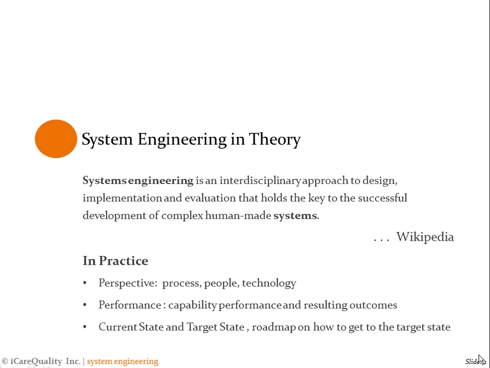System engineering looks at the current state and defines what the target state would be for the capability performance to achieve the required outcomes, and then defines a very pragmatic roadmap that would help transition from current to target state with the minimum disruption to the current operations.